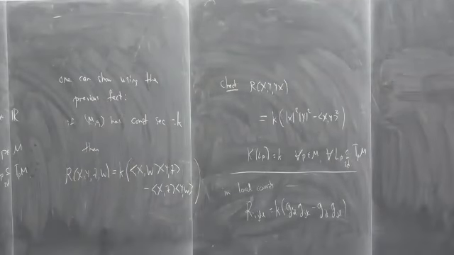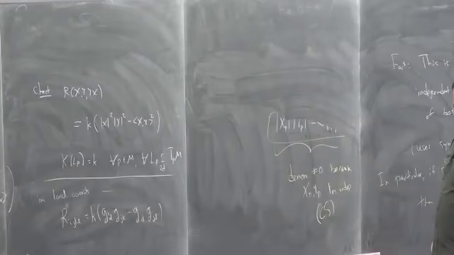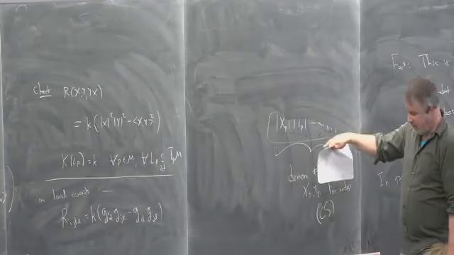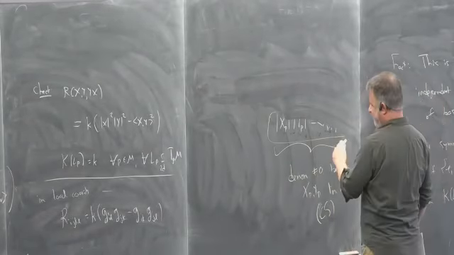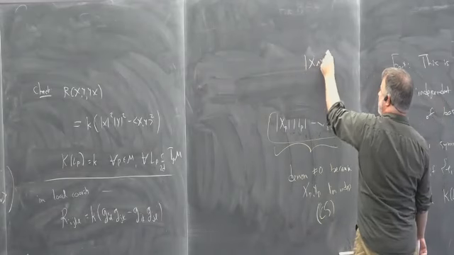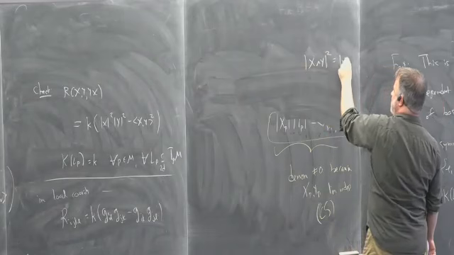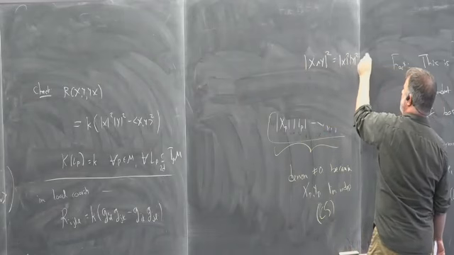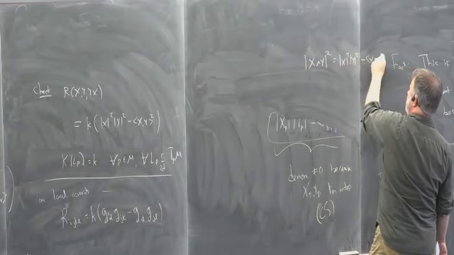Yeah, question? Well, you're thinking of the denominator. So the question is, it reminds him of a formula from curves and surfaces, and it's because the length of the wedge product is defined to be this.